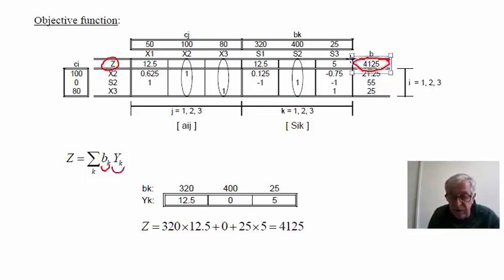So the shadow prices are presented here on the top in the line of z, and they are the coefficients of the slack variables. So we extract this vector to here, and then we consider the vector bk, which corresponds to the initial availability of the resources. So this expression just tells us that the optimal value of z is the internal product of these two vectors. So what we show here. So this coefficient multiplies this and so on, and we get this value.